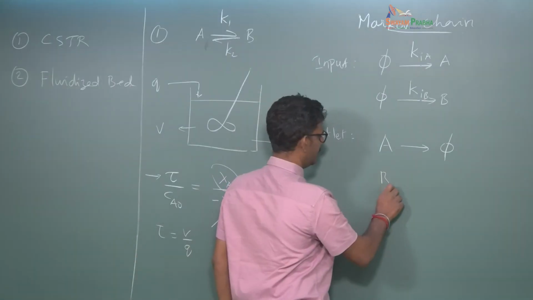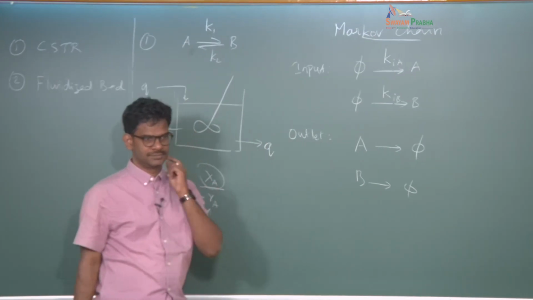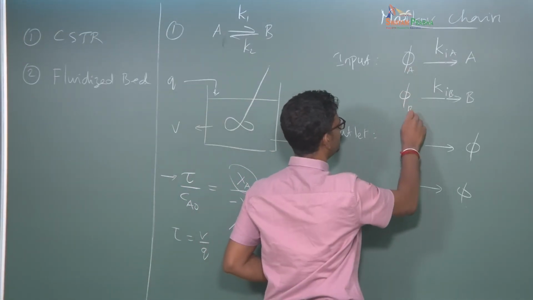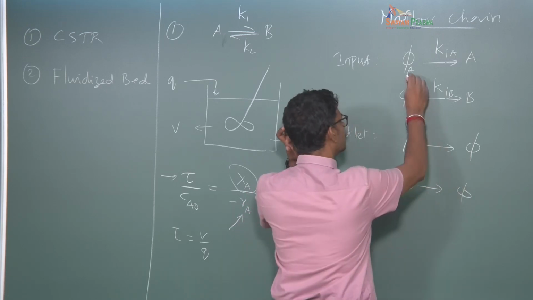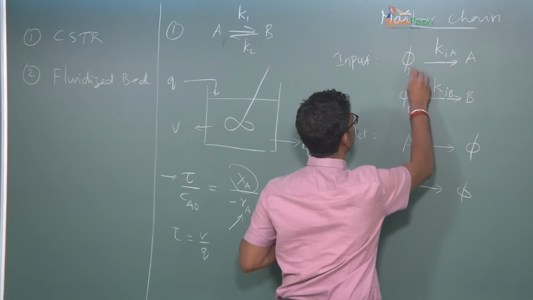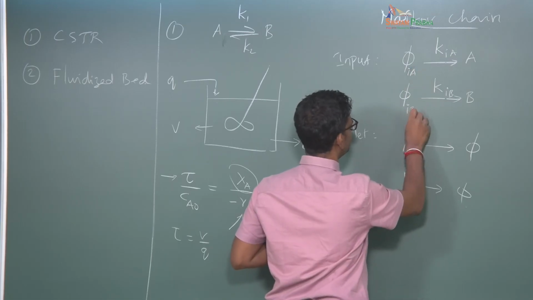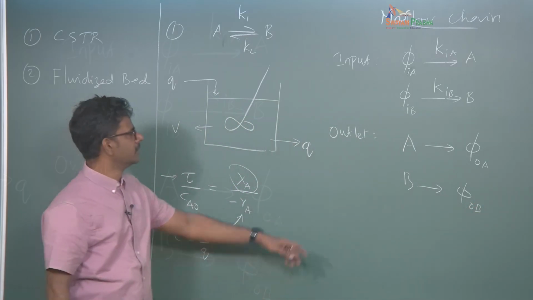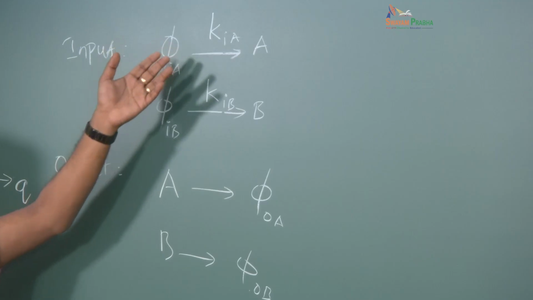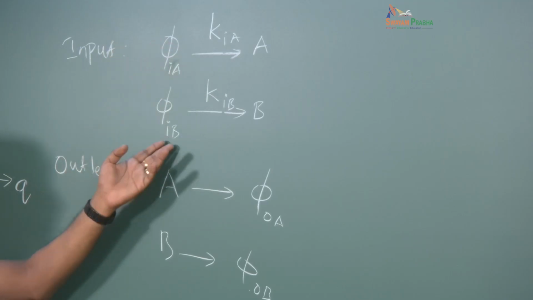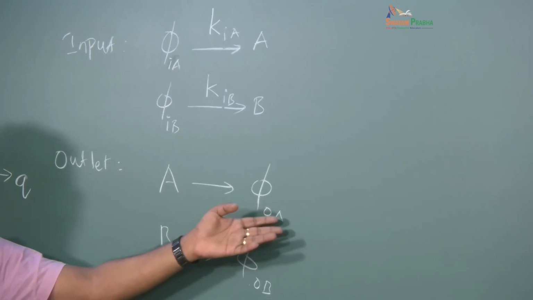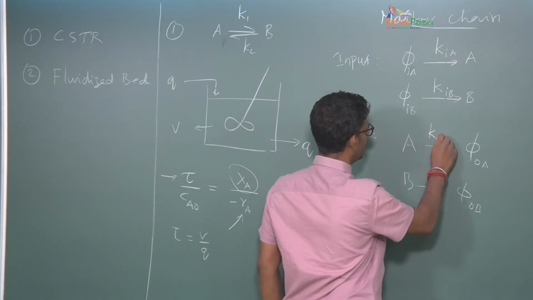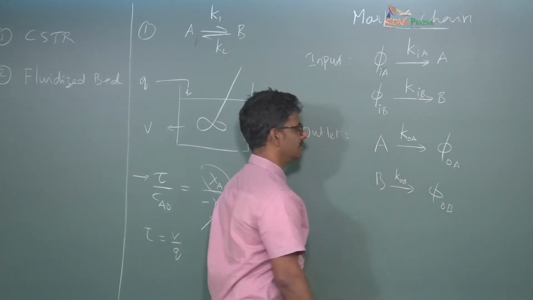Similarly, B also decays. If you want to be really careful about this, this is like a state created with IA, state created with IB, state destroyed with OA and OB. So here again you have constants like K_OA, K_OB, etc.